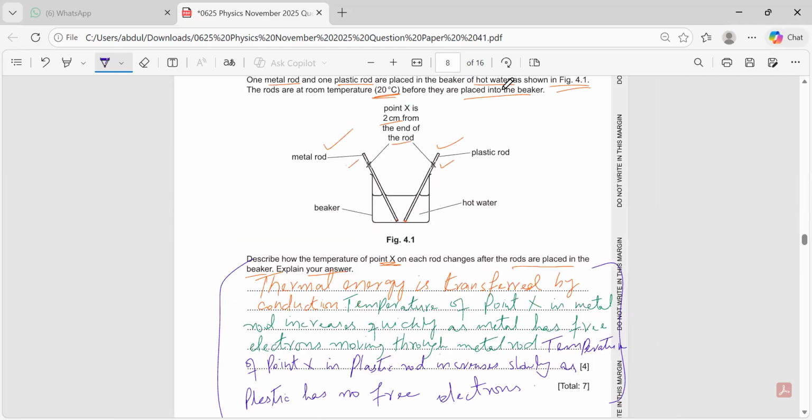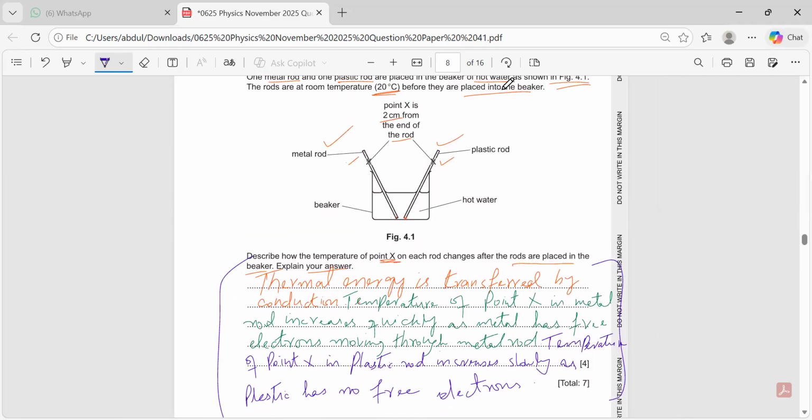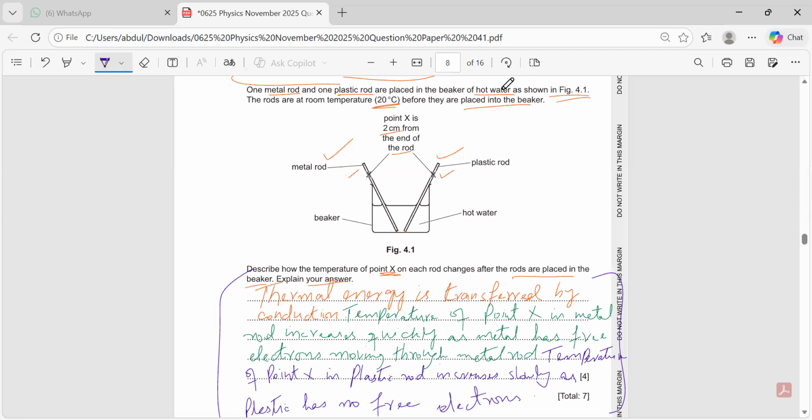Let me bring the question in this whole scenario in one frame. And now you can read the question. I can read it for you. One metal rod and one plastic rod are placed in the beaker of hot water as shown in figure 4.1. The rods are at room temperature before they are placed into the beaker, so they were at the same temperature. Point X is marked at the same distance, 2 centimeters from the end of the rod.